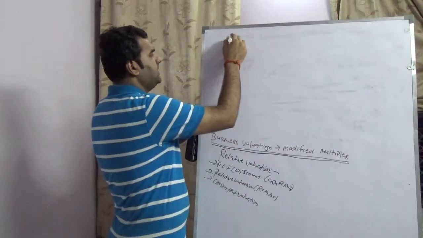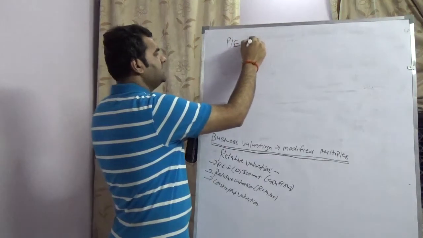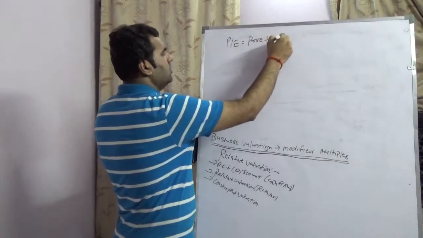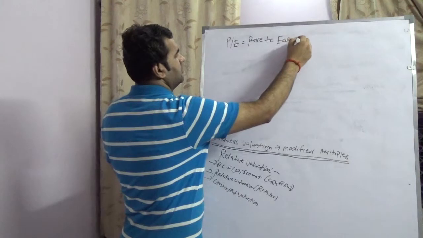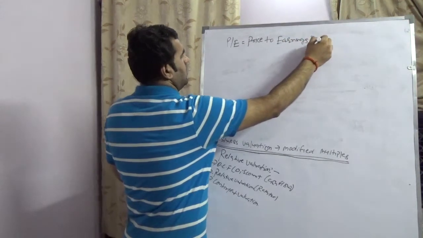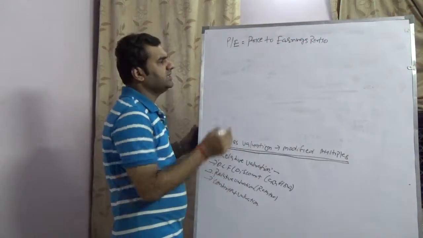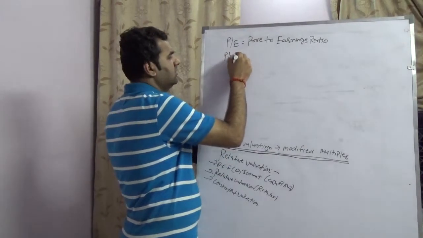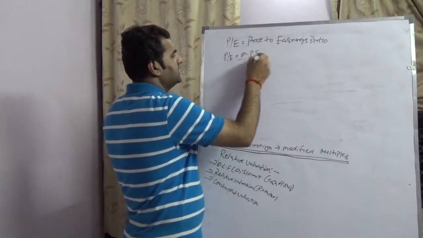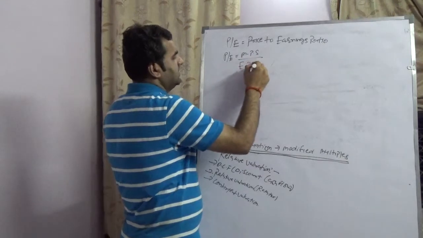P stands for price to earnings ratio. Price to earnings ratio stands for market price per share to earnings per share.